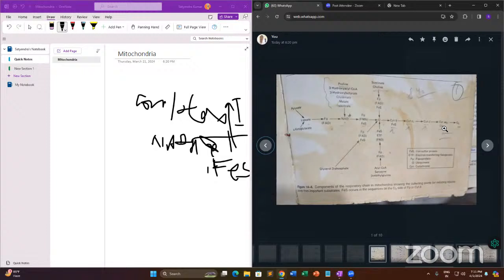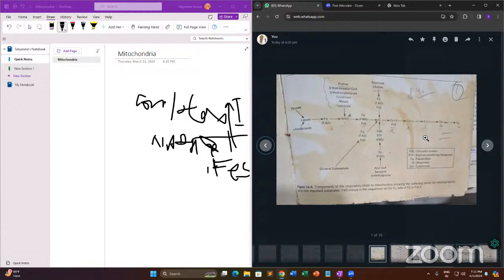One point to be discussed, which I had also discussed in a previous class, is that the newborn mammalian baby has brown fat in adipocytes.